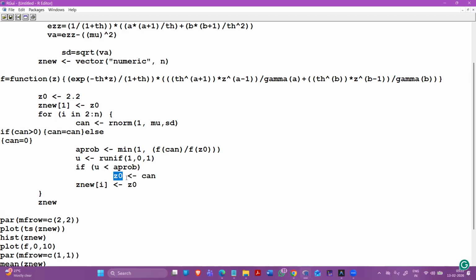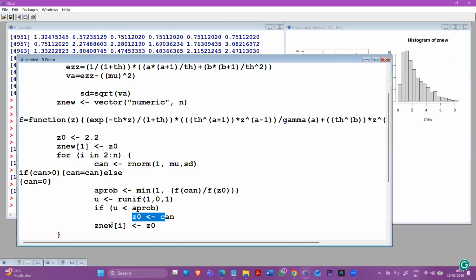If this happens, Z naught should be replaced by the value that I generated from the normal distribution. Otherwise, Z new should equal Z naught only. Whatever initial value I took should remain as it is, otherwise it should be replaced. So I am going to use that one.